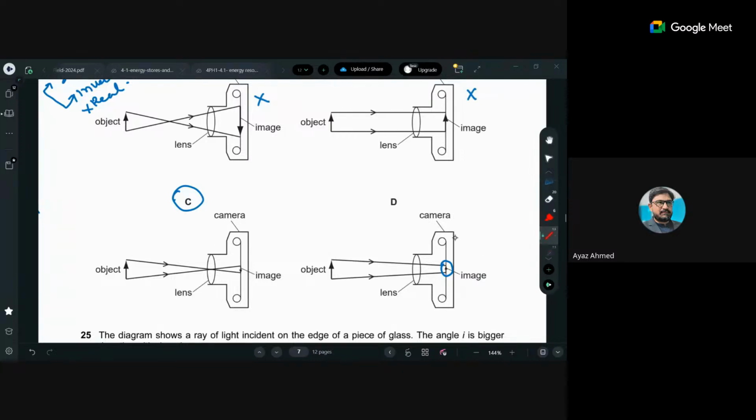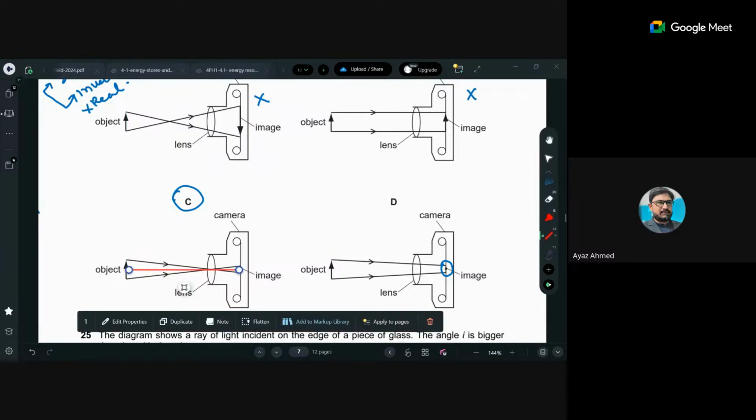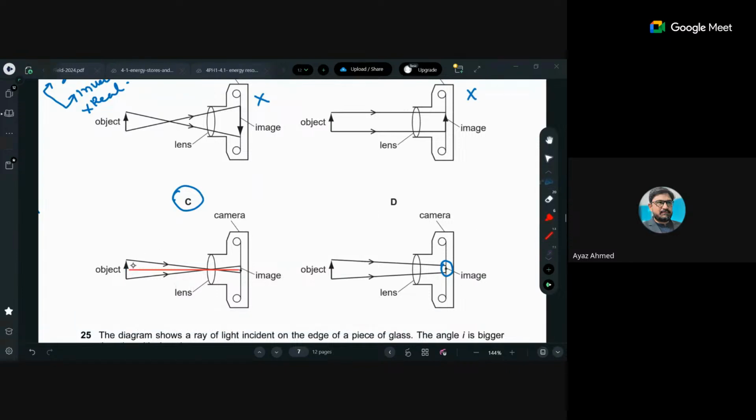This is basically the center of the lens, and this is just like a principal axis. If the ray starts from here, it will pass through the principal axis without bending. Is it clear to all?